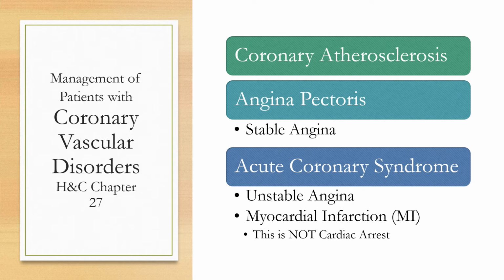Unstable angina is where the plaque is blocking much more of the coronary artery, okay? And so it might be 90% occluded or 95% occluded. So now their angina has become completely unpredictable. They have pain at rest. They have chest pain sitting at the dinner table.